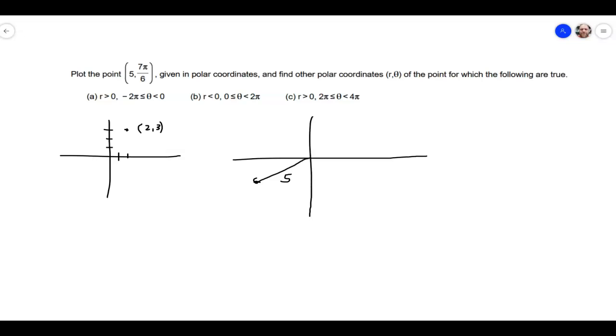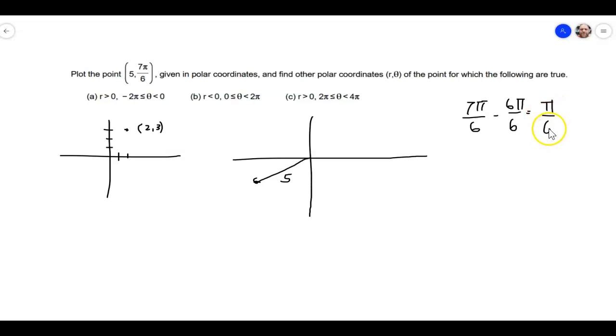Let's do that off to the side here. So 7 pi over 6, and if we look 180 degrees away, or pi away, so minus pi, which is the same as minus 6 pi over 6 to get a common denominator, we end up getting pi over 6.